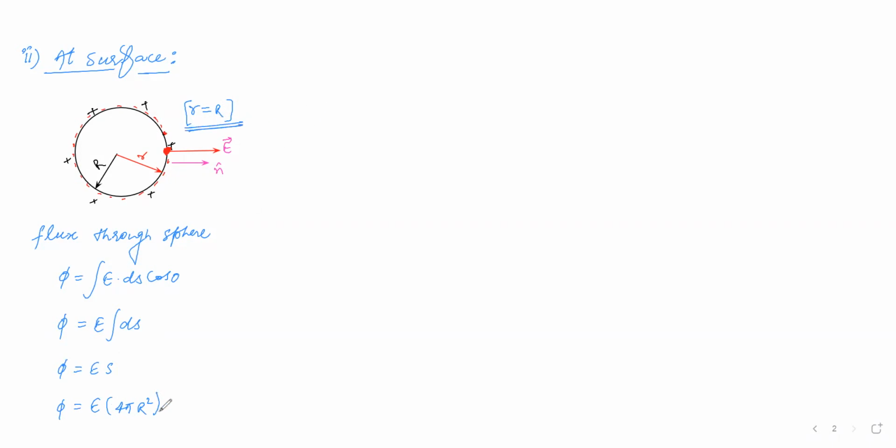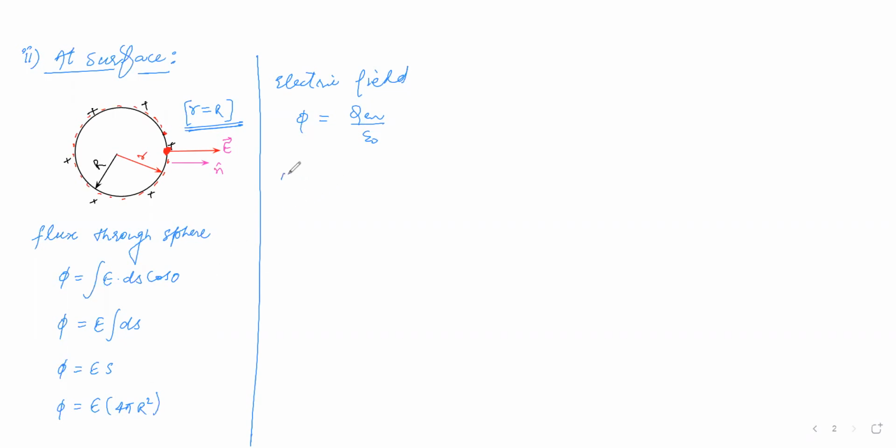Now this is your electric flux passing through this Gaussian surface. Now if we have flux, then we can easily calculate the electric field through this sphere at the surface. Your electric field will be: phi is equal to Q enclosed over epsilon naught. No need to expand here.